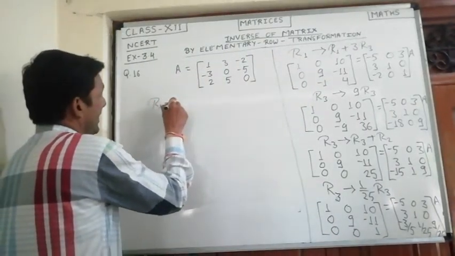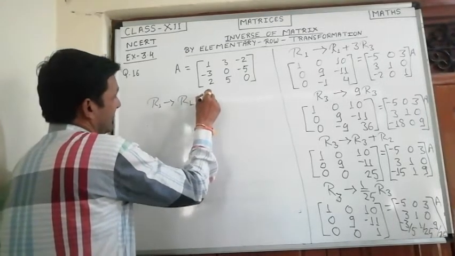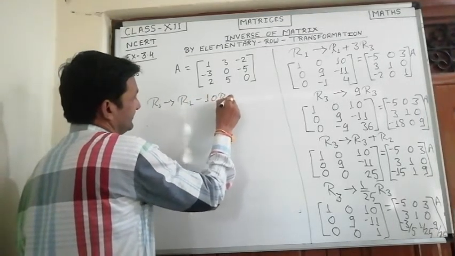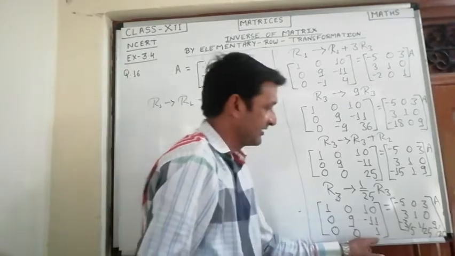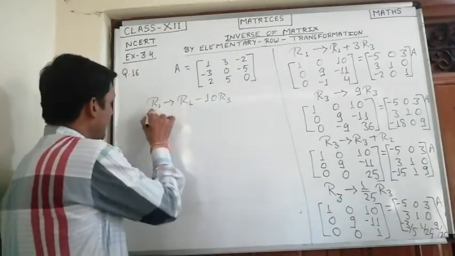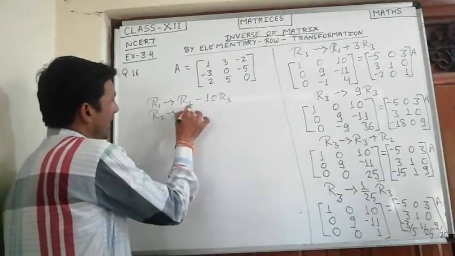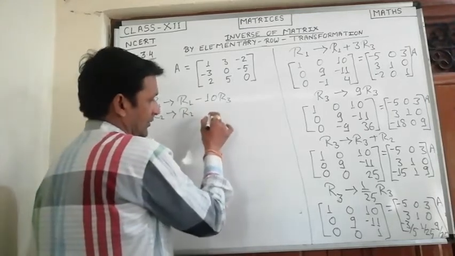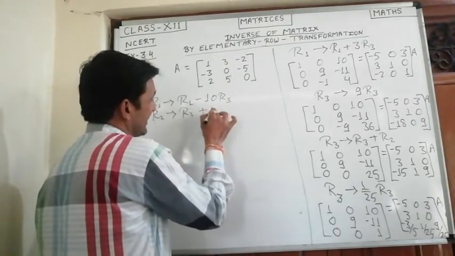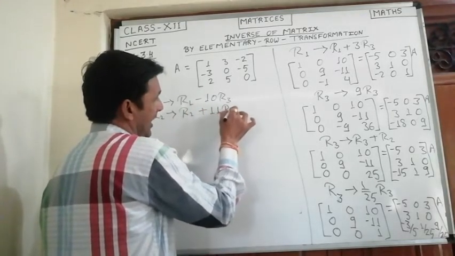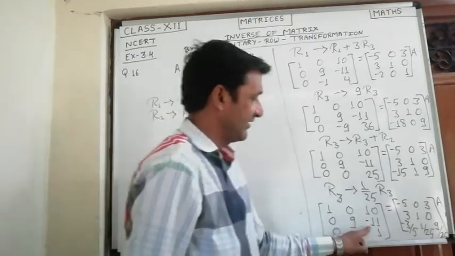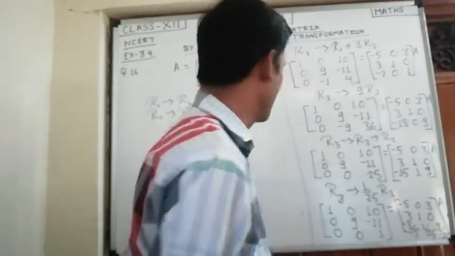In R1 I am applying R1 minus 10 R3, means 10 minus 10. And here also we can apply in R2 plus 11 R3, because it is minus 11. So minus 11 plus 11 will become 0.